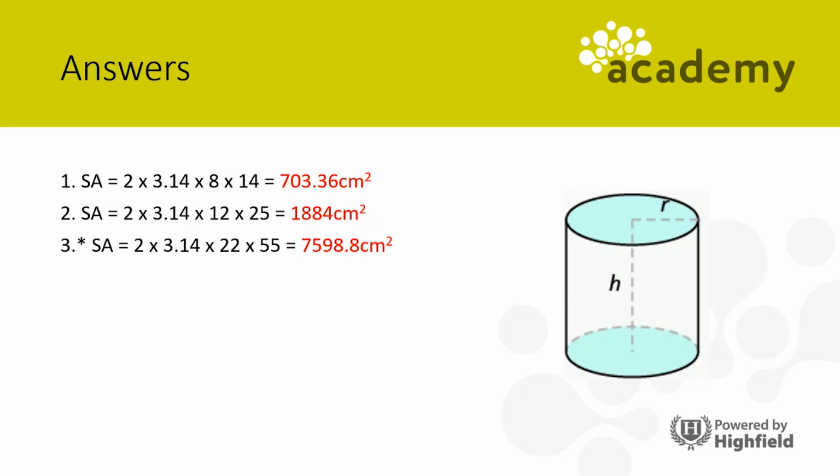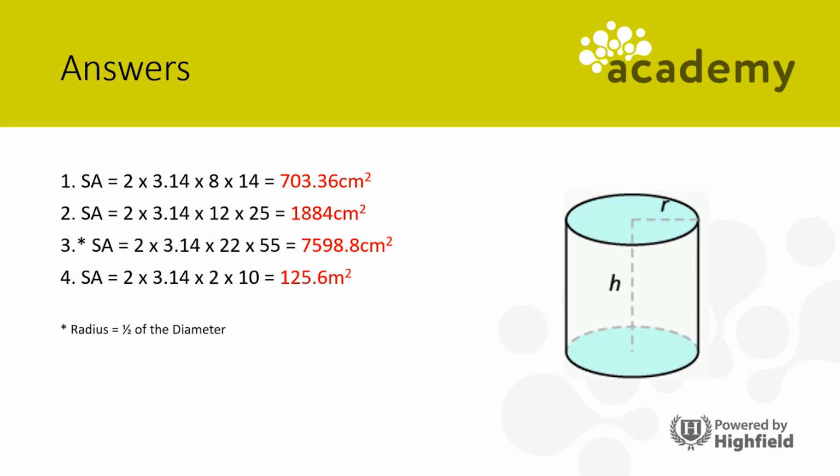The third example is 2 times 3.14 times 22 times 55, which is 7,598.8 centimeters squared. And in the fourth example, the surface area is 2 times 3.14 times 2 times 10, which is 125.6 meters squared.